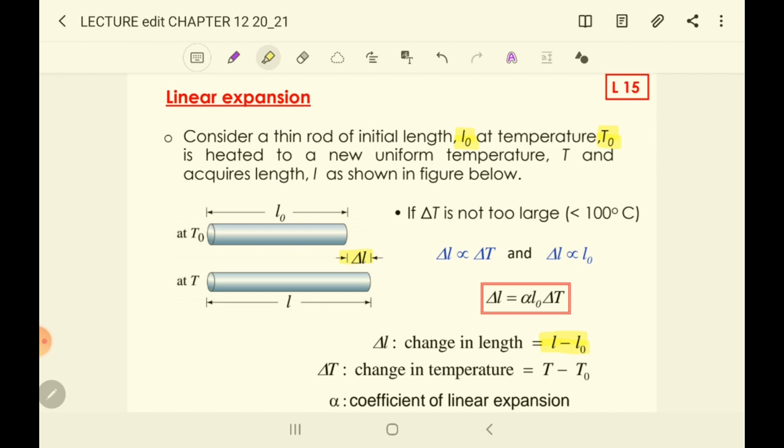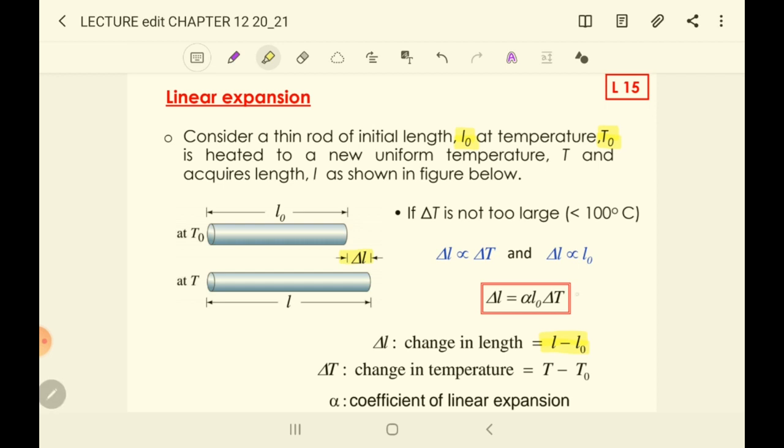Delta L is equal to L final minus L initial of the rod. You can see the comparison of the length. Based on the diagram, the final length is longer compared to the initial length, so that means the object is expanding when heated.